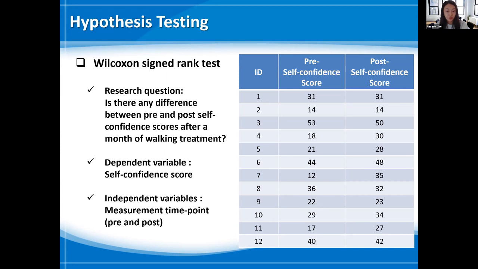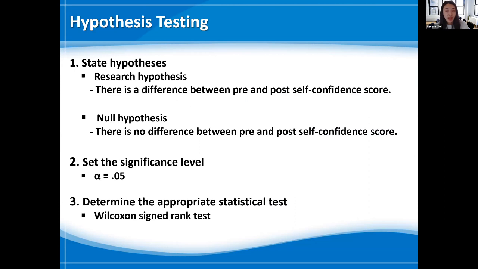So we can use a Wilcoxon signed rank test. As mentioned in the previous slide, the research hypothesis is that there is a difference between pre and post self-confidence scores, and the null hypothesis is that there is no difference between pre and post self-confidence scores. And 0.05 significance level is used.